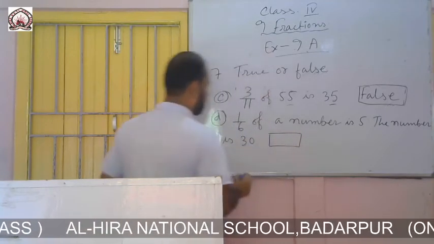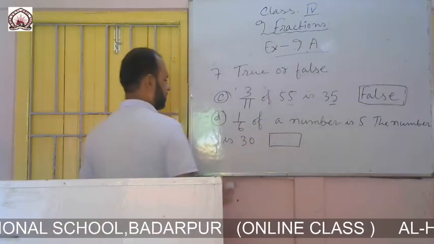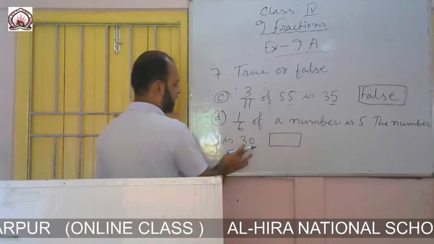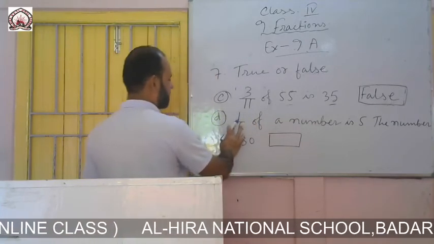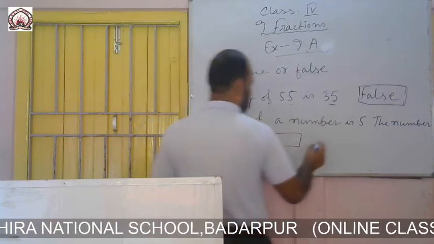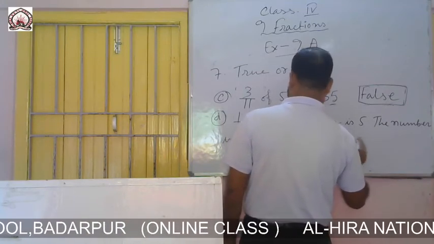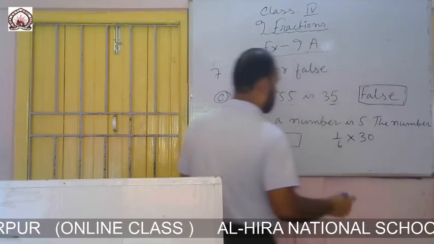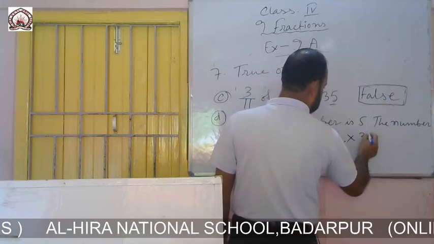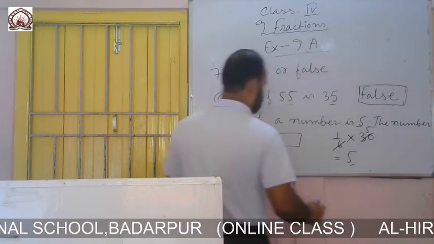So here we see 1/6 of a number is 5. The number is 30. So we have 30 chocolates. Out of 30 chocolates, if 1/6 is 5, then it is true. So here we write 1 by 6 into 30. We cut: 6 ones are 6 and 6 fives are 30. The answer is 5. So here also 5. So it is true.